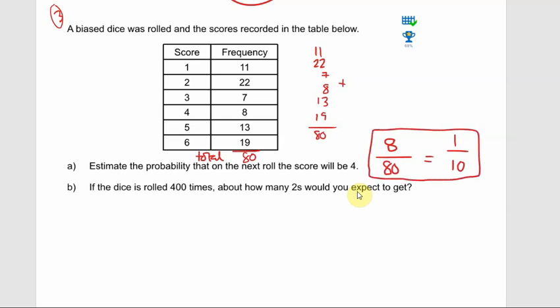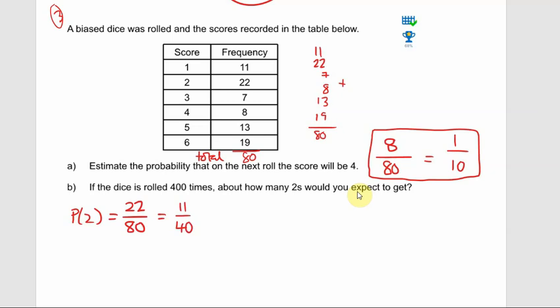If the dice is rolled 400 times, how many times would you expect to get a 2? Well, the probability of a 2 from our experiment is 22 out of 80. And I can have that as 11 over 40 if I simplify that fraction dividing by 2.